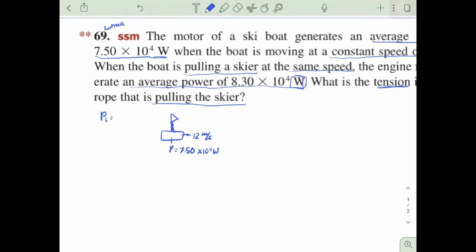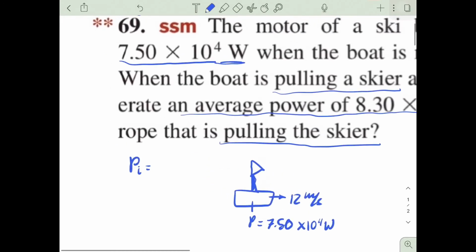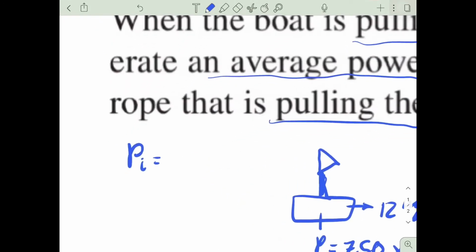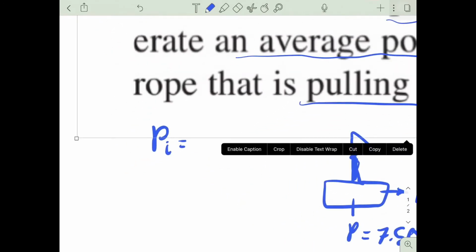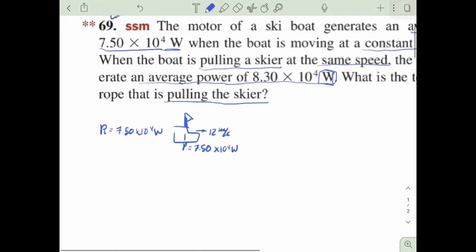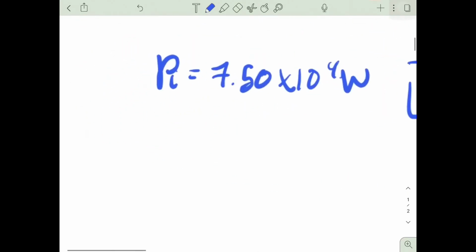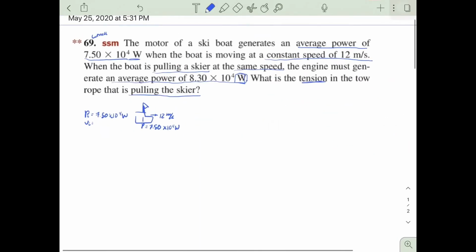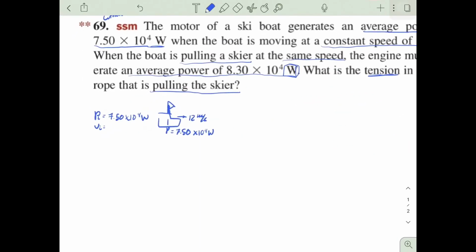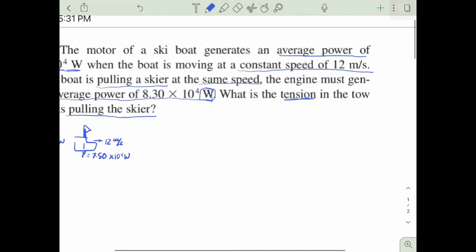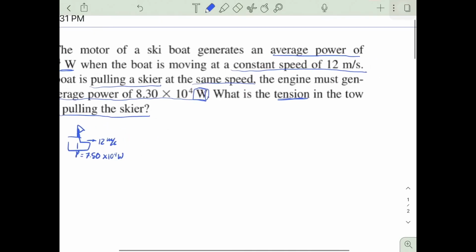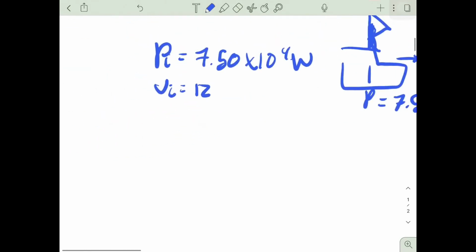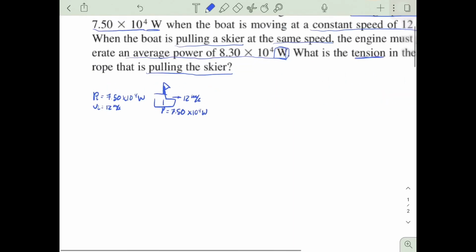Its power initial is 7.50 times 10 to the fourth watts, and its velocity initial is 12 meters per second.